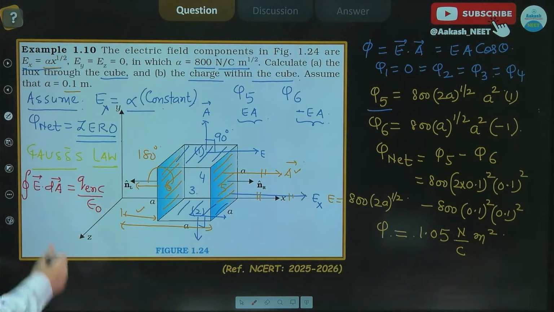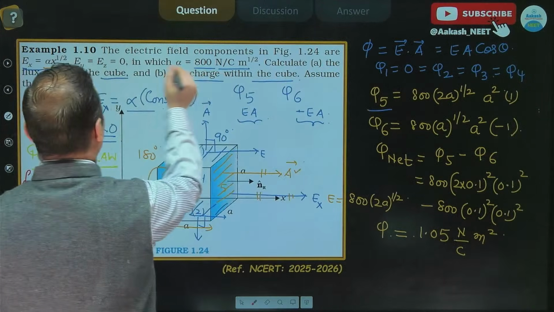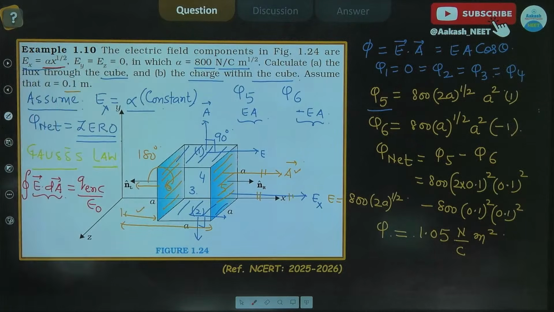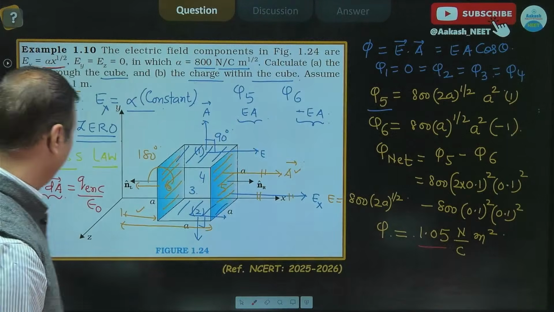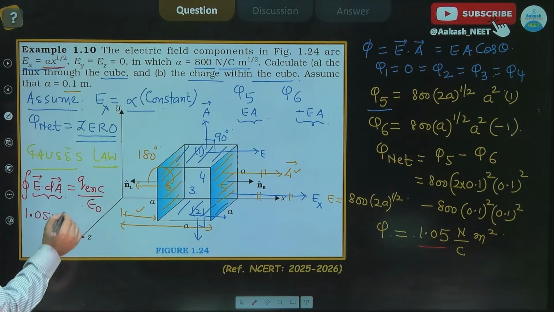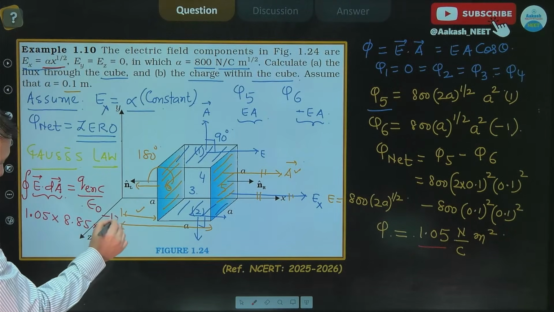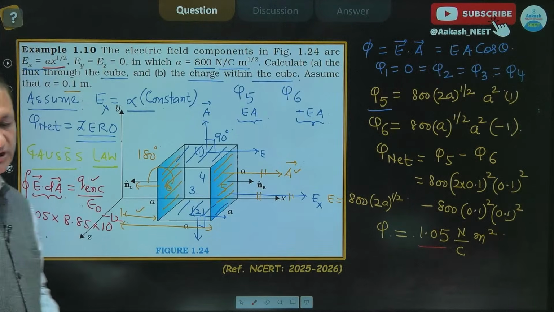And this flux, for the original question I am talking about, where the electric field is known to us as alpha x to the power 1 by 2, the net flux was 1.05. If you multiply this with epsilon naught, which is 8.85 into 10 to the power minus 12, that gives the charge enclosed.